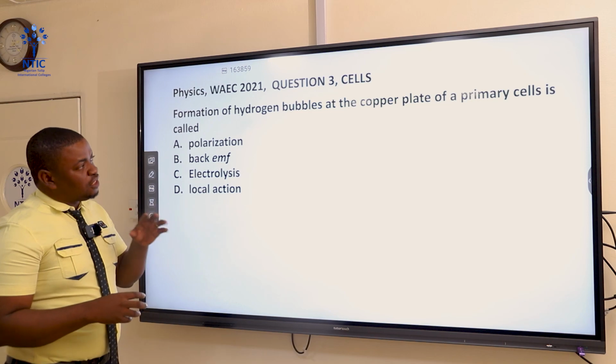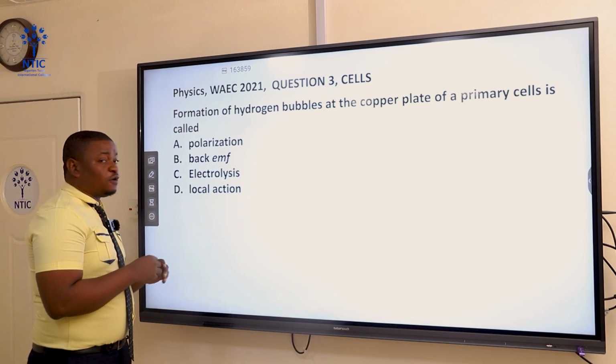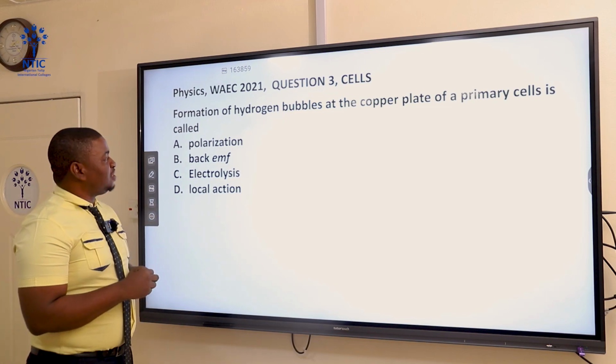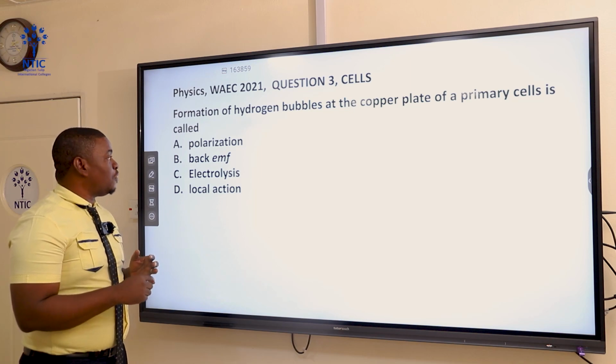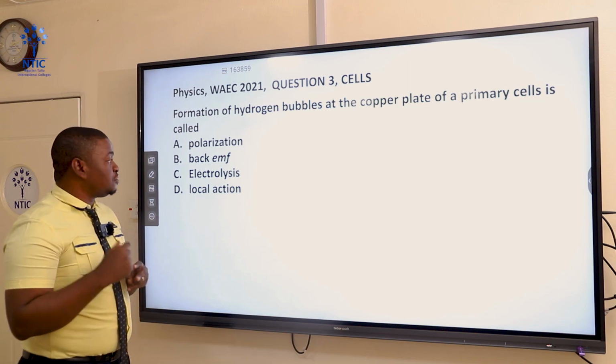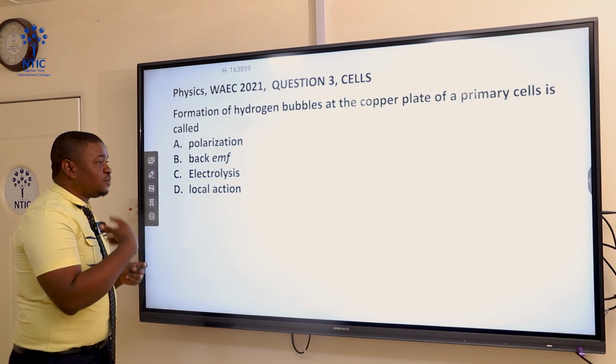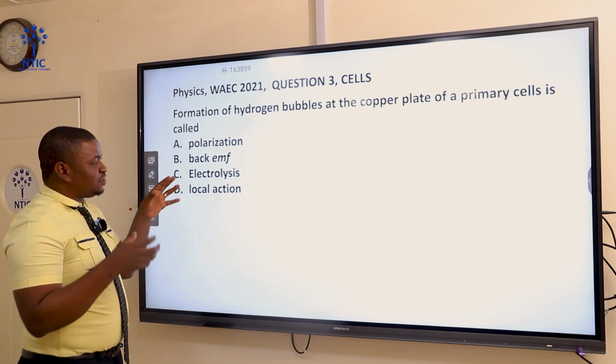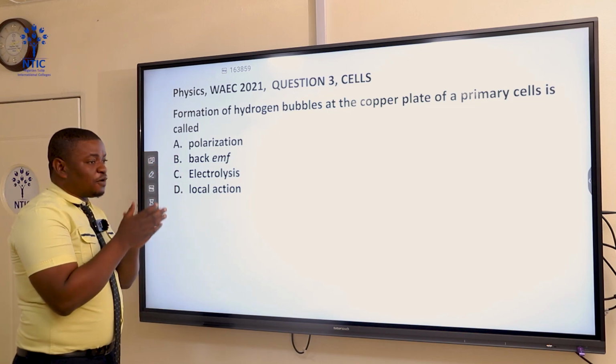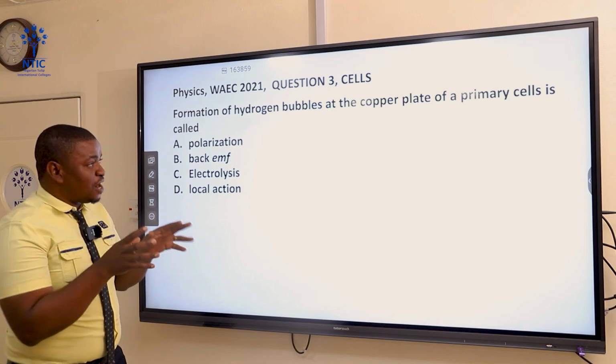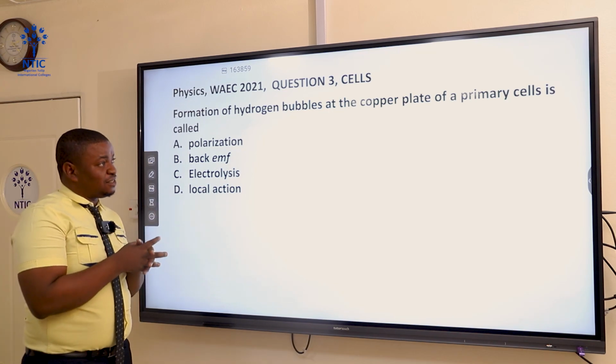Now, in cells, in physics, there are what we call defects of cells. Examples of such defects are polarization and local action. So we are going to analyze polarization. What is polarization? Polarization is the defect that occurs as a result of the chemical reaction that takes place in a cell.